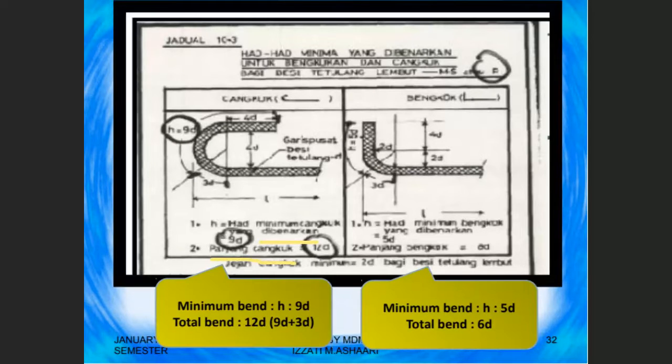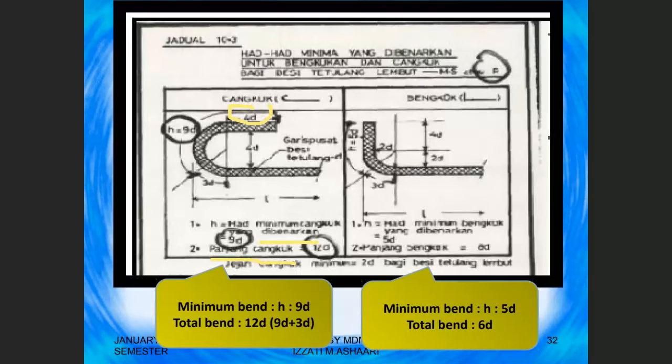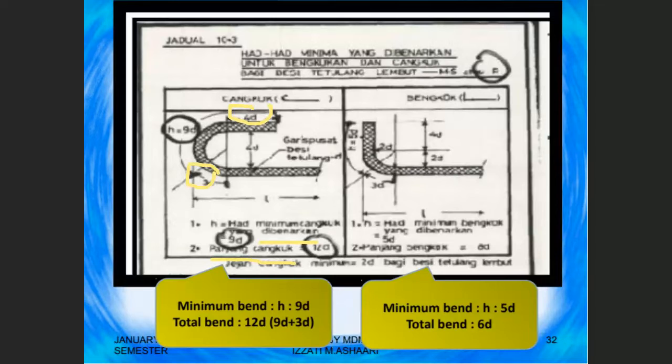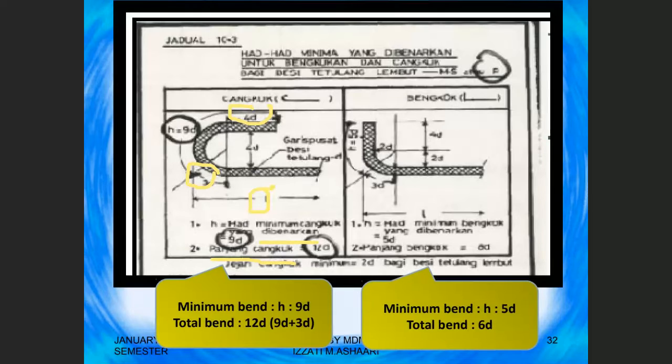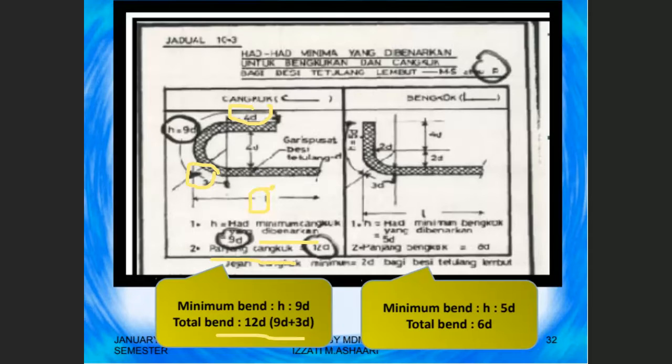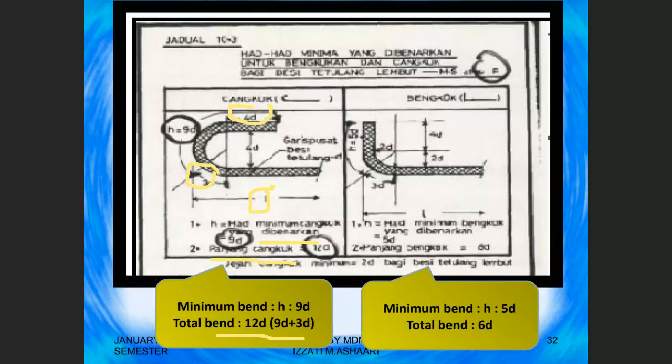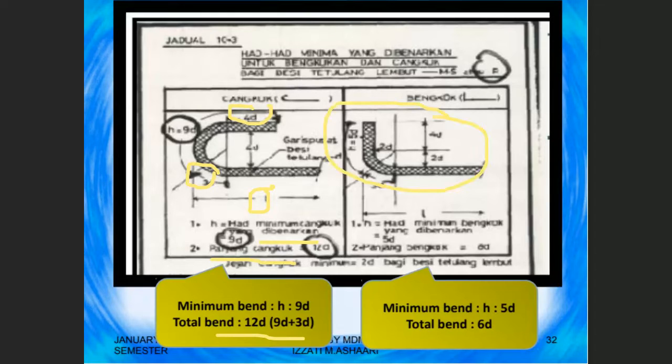Okay, so how do you get the first one? 4D plus 3D plus 4D plus 3D plus this length. Okay, so the minimum bend here is 9D and the total bend is 9D plus 3D. This is only one of the examples. If you have something like this, it is normally what you can see in the landing beam, for example.